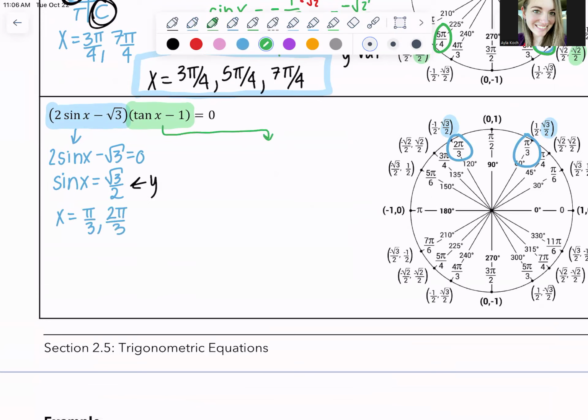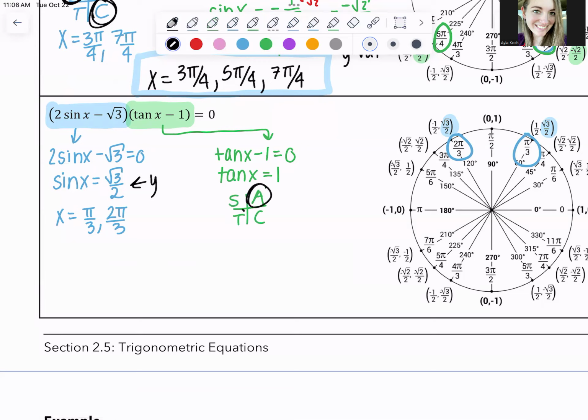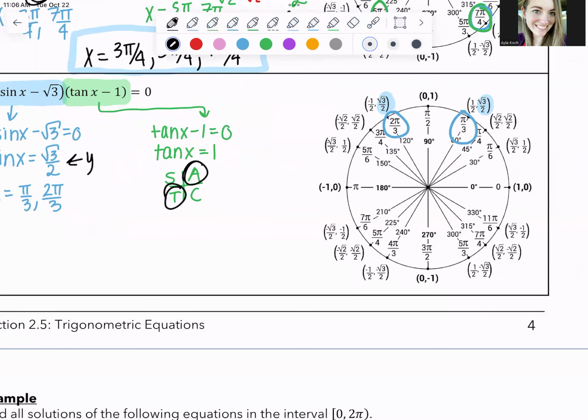And then for my next equation, tangent of x minus 1 is equal to 0. Tangent x is equal to 1. All students take calculus. Tangent is positive. We are looking at quadrants 1 and 3 will be where our answers are. And when tangent is 1, that's going to happen at those pi over 4 angles, right?